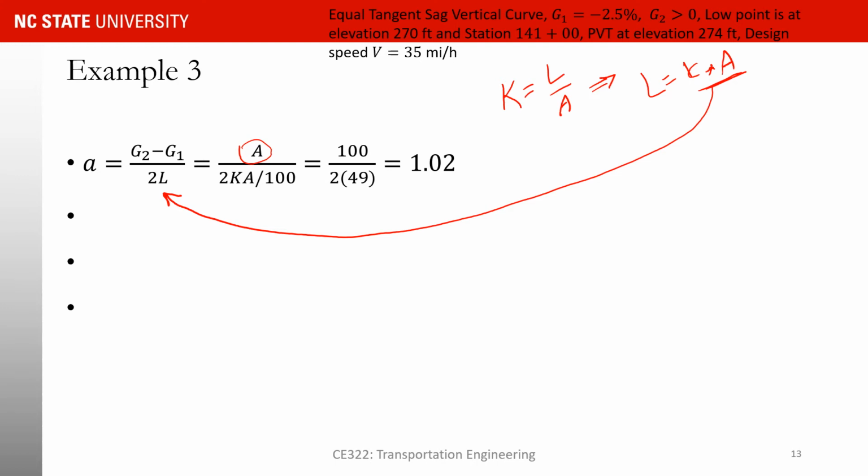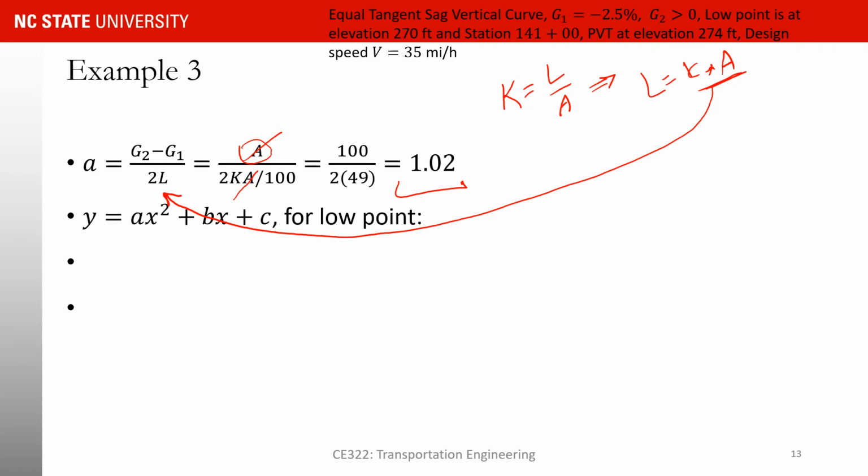So you see that you can cancel out A with A. 100 goes up, and then we are gonna have 2 into K, which is 2 into 49. So you have 100 over 98, or 1.02.